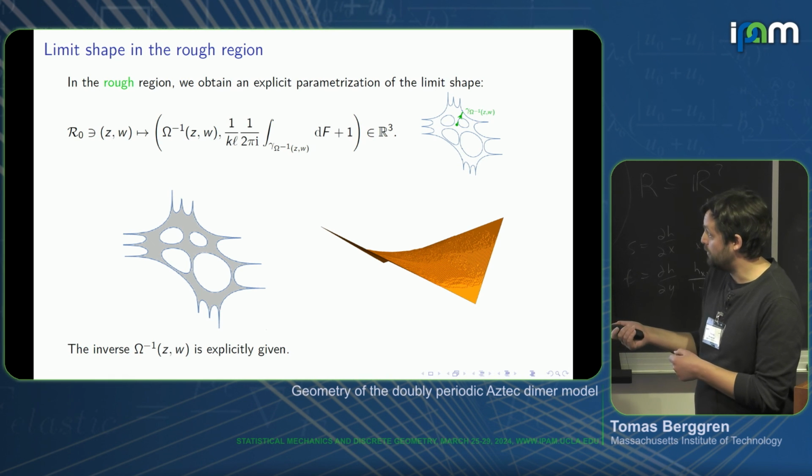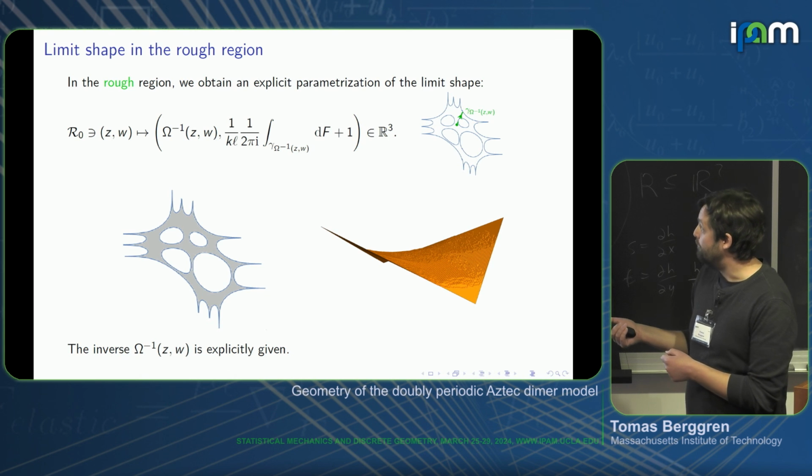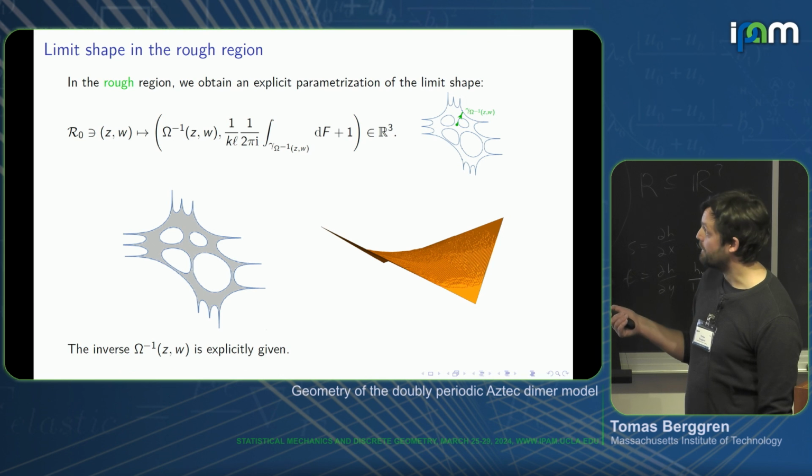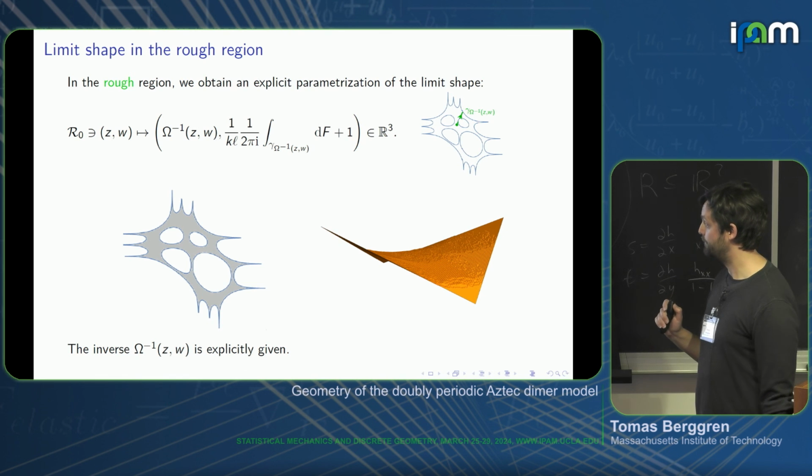So you take a point on your amoeba, that gives you a point in the Aztec diamond, and as your third coordinate, you have the limit shape. So that gives you a parametrization.